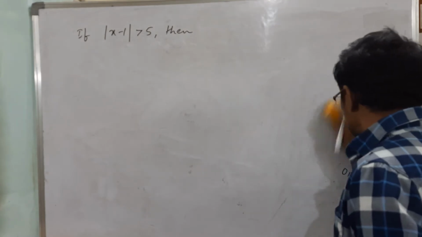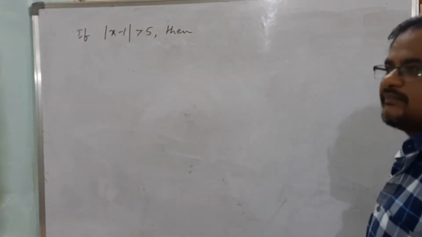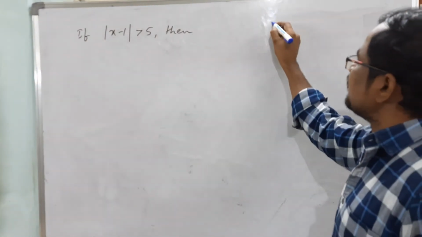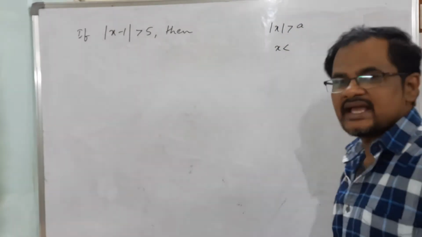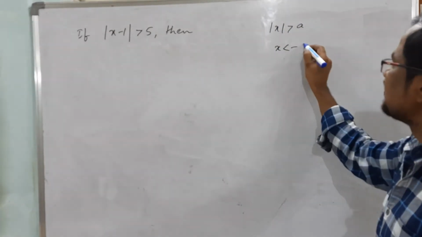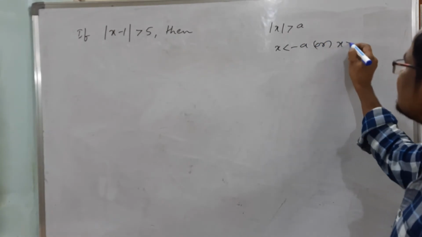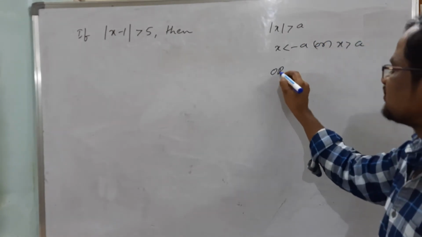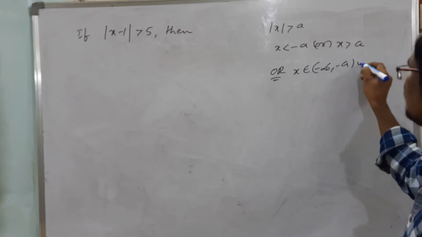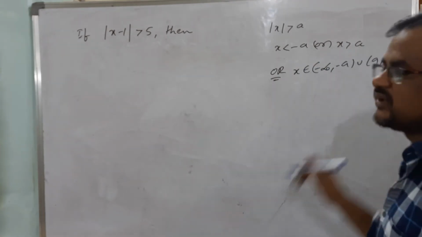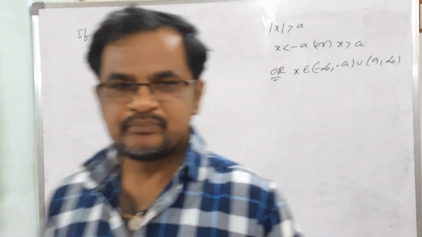How to do this problem? Modulus of x greater than a means x less than minus a or x greater than plus a. In terms of intervals, x belongs to minus infinity to minus a, union a to infinity.